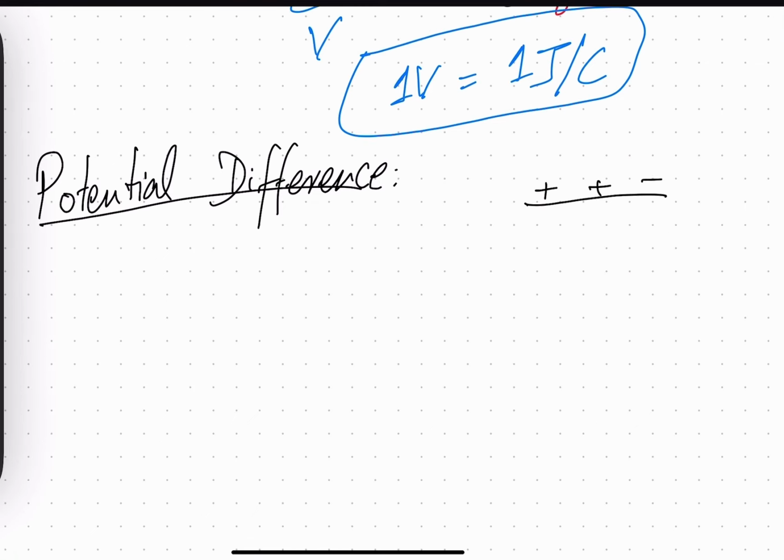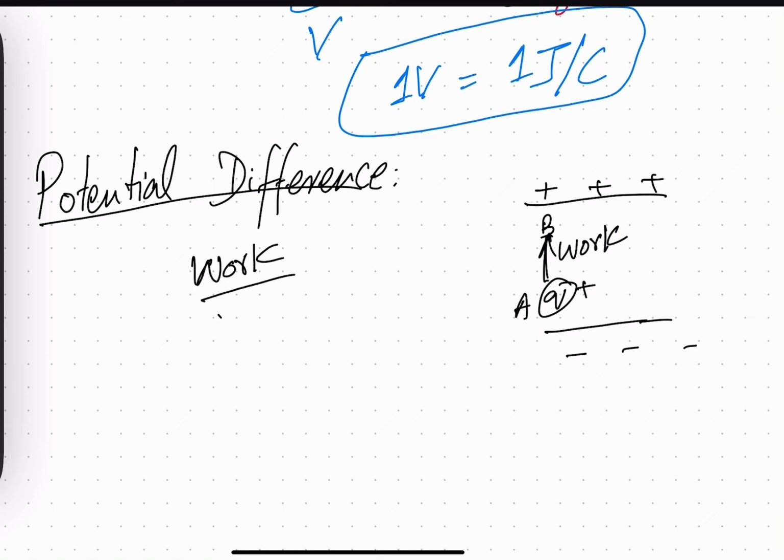There is a positive plate, there is a negative plate, and there is a charge. Let's suppose it is positive. It is placed at point A and you want to take it to point B. So you have to provide it some energy. So the charge will do some work traveling from point A to point B. The work done per unit charge is its potential difference.